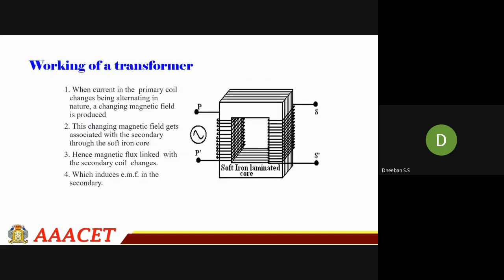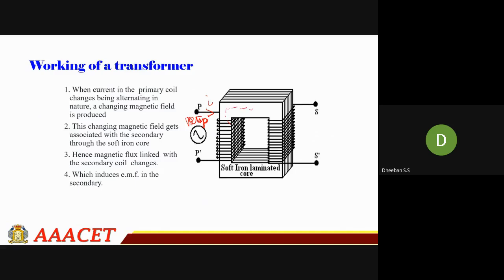Okay. Next we'll be coming to the working of the transformer. How the transformer works, we will be seeing. For this, you have to know about Faraday's laws of electromagnetic induction. Here, we apply the voltage at the primary, and the primary current will be flowing. When this current changes, being alternating in nature, magnetic flux will be produced.